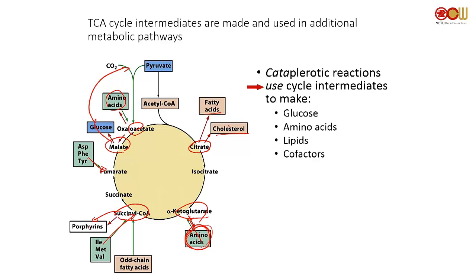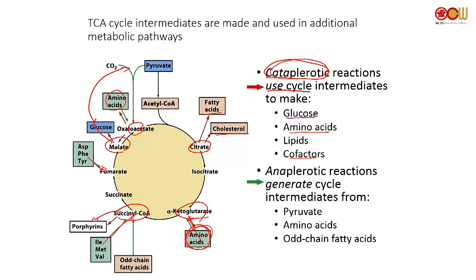Now, there's one more thing I need to indicate to you, this thing called the cataplerotic reactions. These types of reactions are those that use cycle intermediates. Anything that consumes TCA cycle intermediates, we generally call a cataplerotic reaction. Things like making glucose, making amino acids, making cofactors will consume intermediates of the TCA cycle.